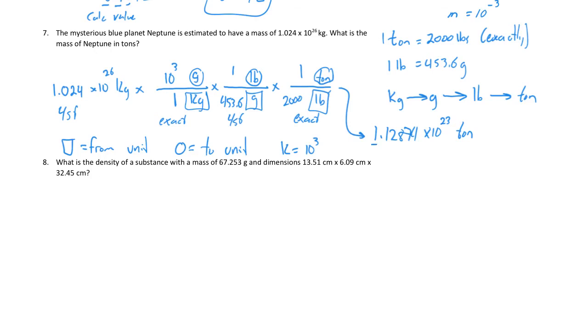So we see we have these digits to be significant, and then we're going to be rounding that 8 because of the 7. So what we end up with is 1.129 times 10 to the 23rd tons. So that would be our answer.